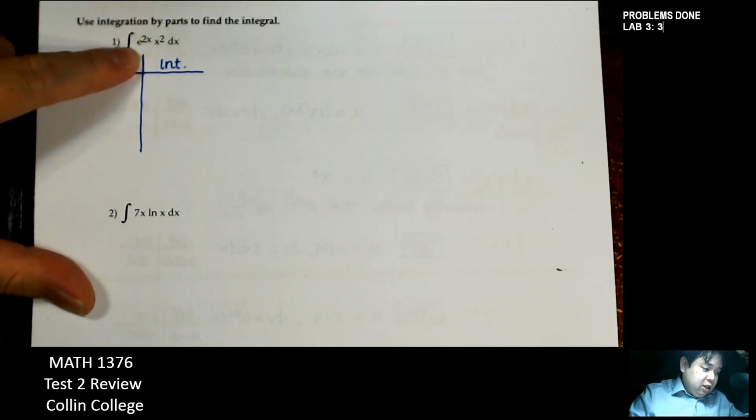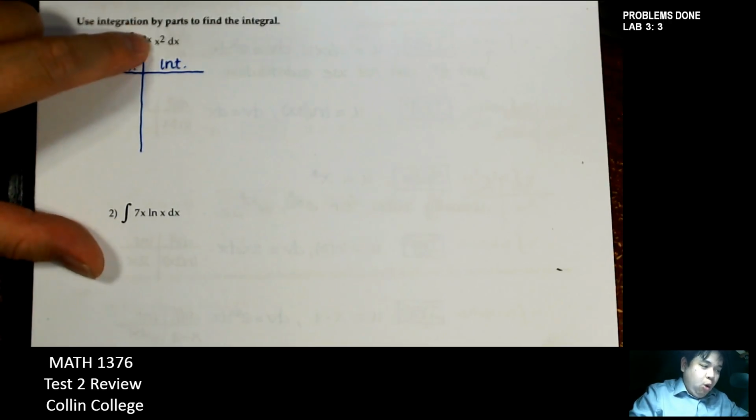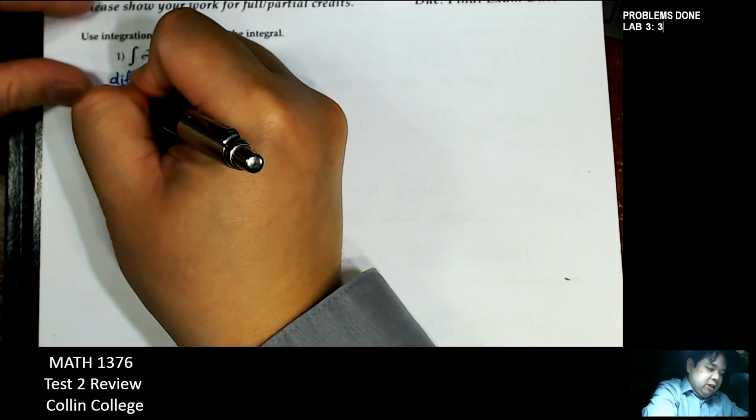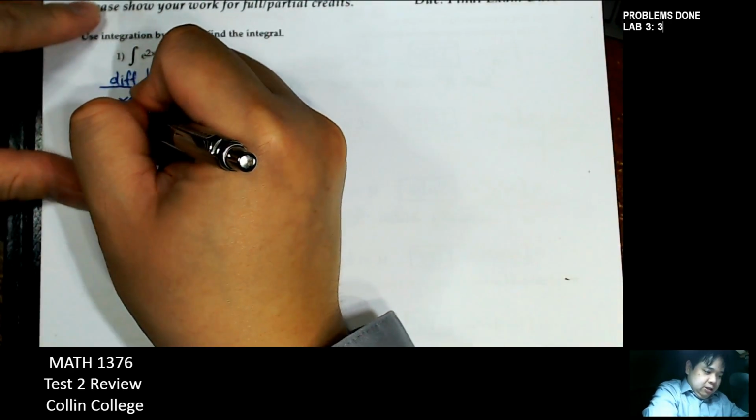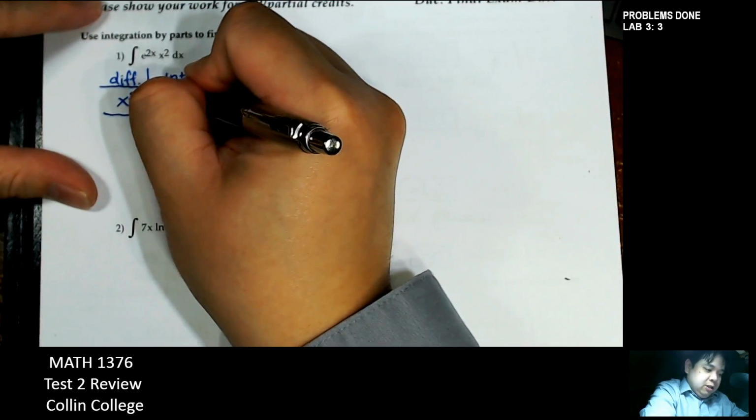So on this problem, we do not have any log. So we go with the algebraic expression, which is the polynomial power of x. So that is x squared here. And e to the 2x will be on the other side.